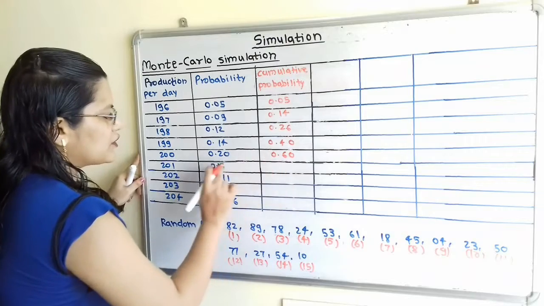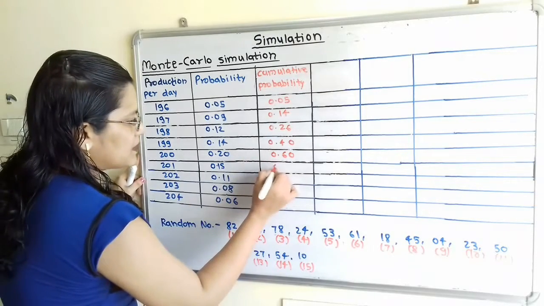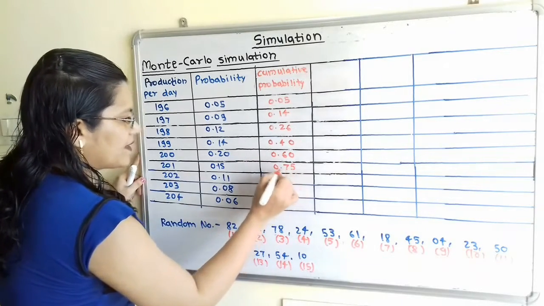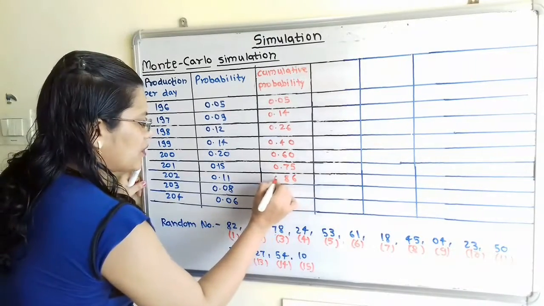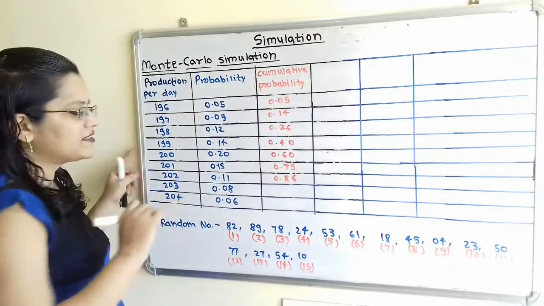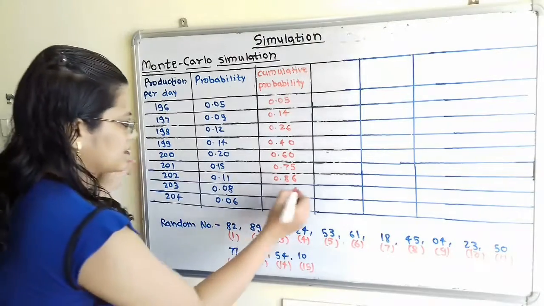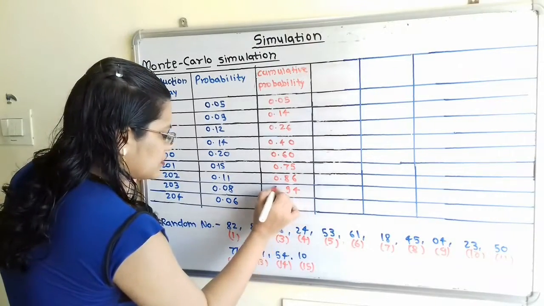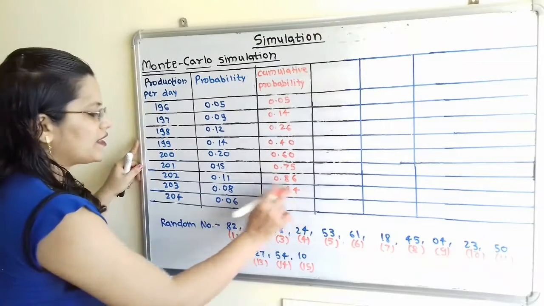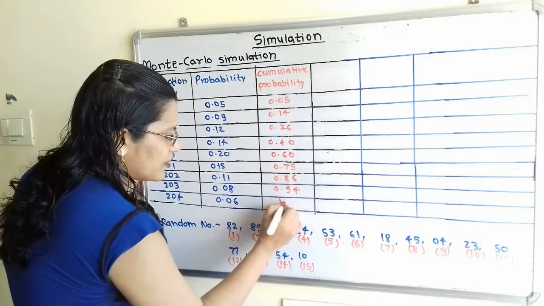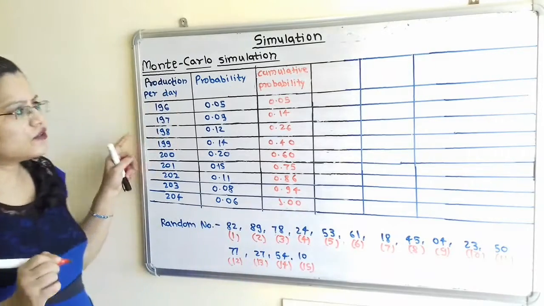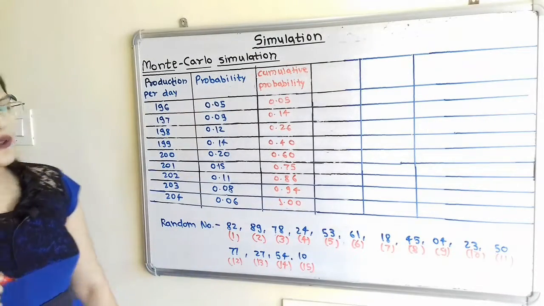Then 0.60 plus 0.15, that is 0.75. 0.75 plus 0.11, that is 0.86. 0.86 plus 0.08, 0.94, and 0.94 plus 0.06, that is 1. So these are the cumulative probabilities.